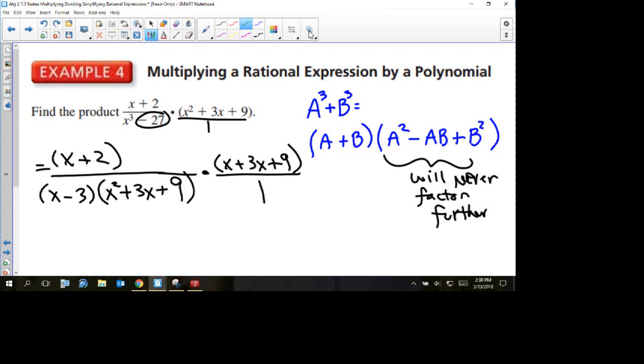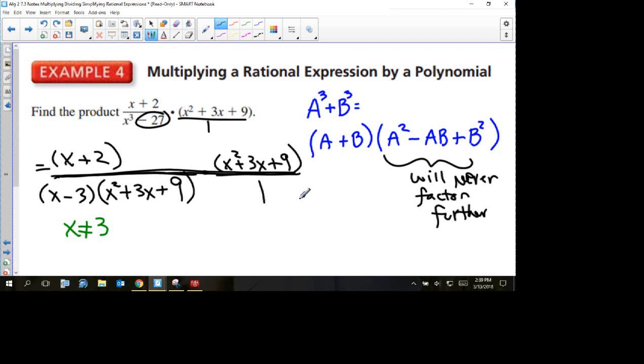So what is my domain restriction? x cannot equal 3. Then we multiply the two fractions together. I multiply them together, and then what happened? Anything cancel?